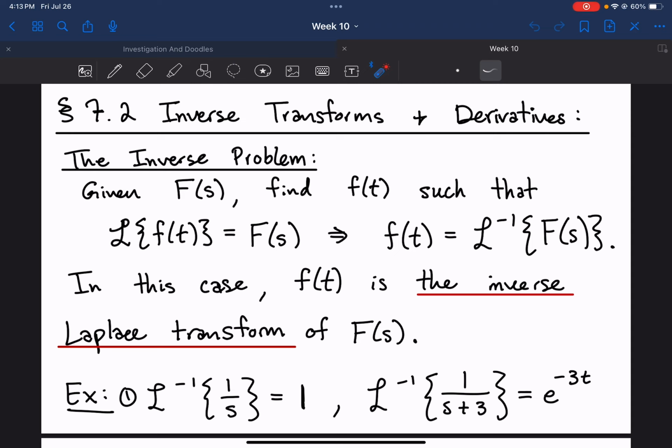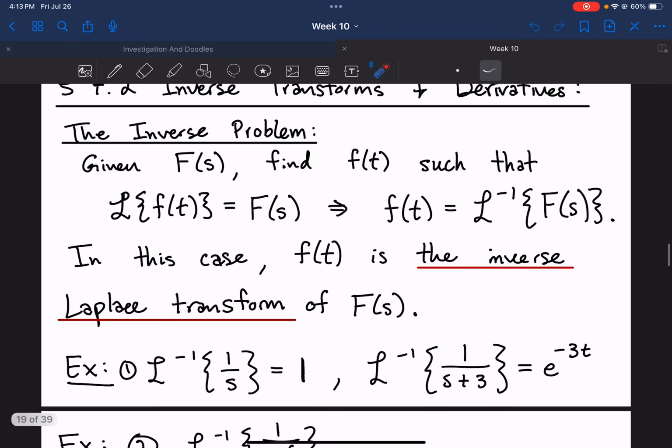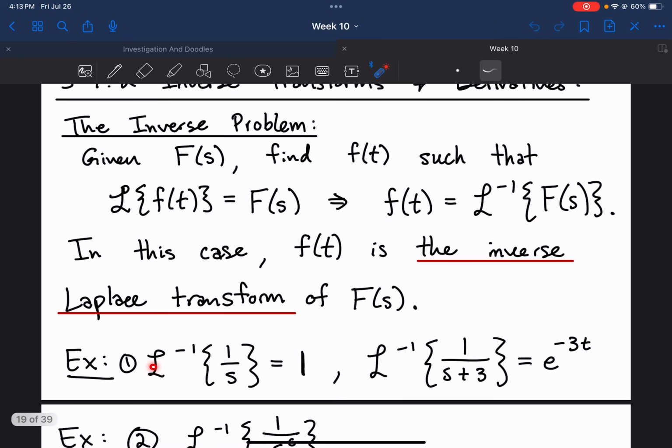Which means f of t is the inverse Laplace transform of big F. Before we saw that the Laplace transform of 1 is 1 over s, and the Laplace transform of e to the negative 3t is 1 over s plus 3, which means the inverse Laplace transform of 1 over s is 1, and the inverse Laplace transform of 1 over s plus 3 is e to the minus 3t.